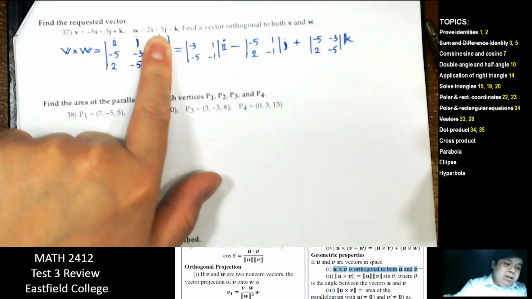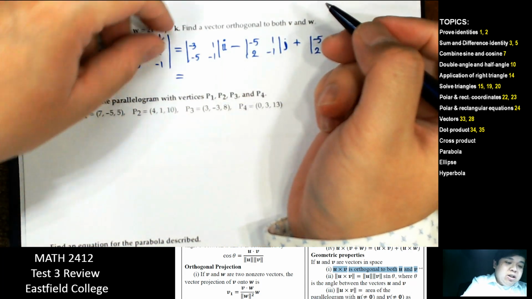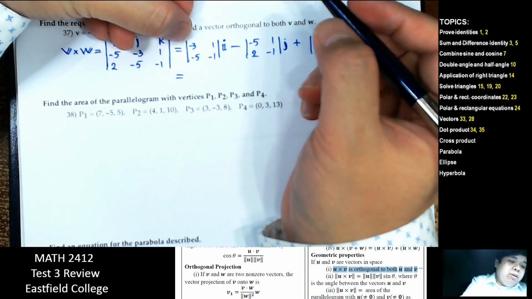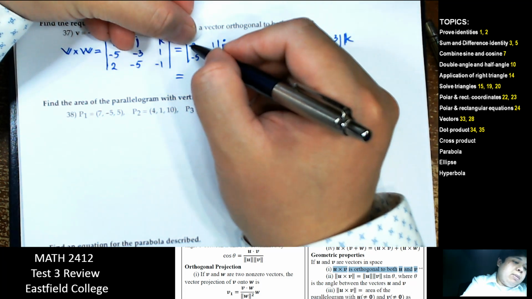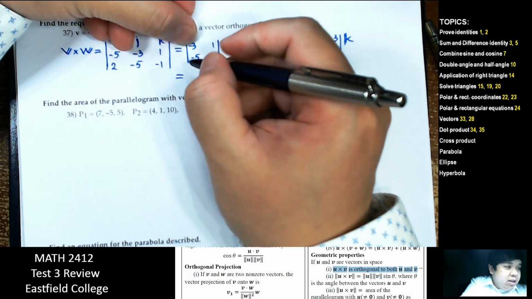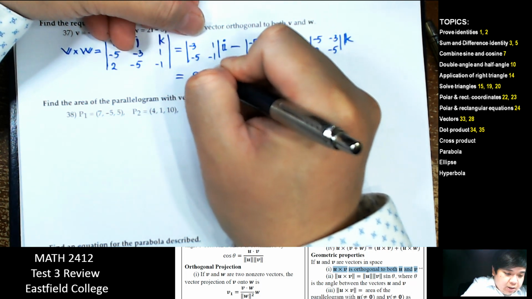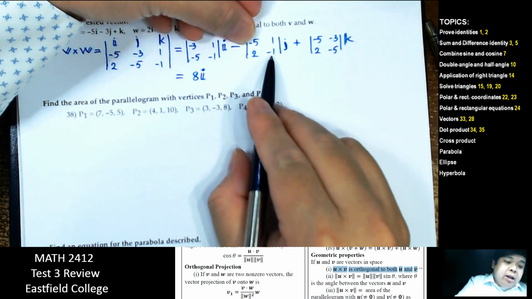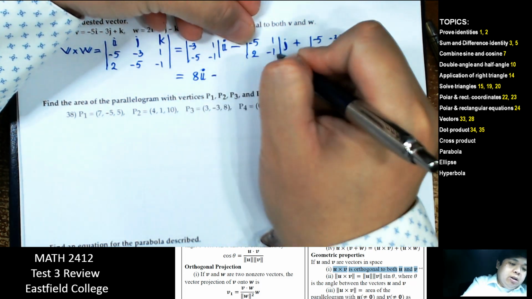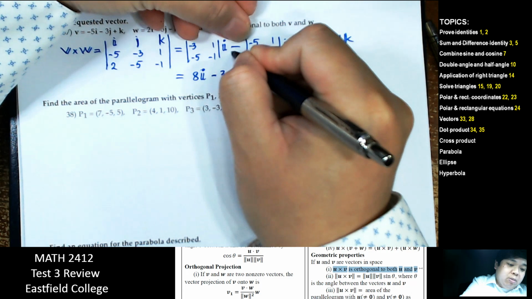Now we just need to do that. Negative 3 plus 5. I'm sorry, that is positive 3 plus 5, so that would be 8. Positive 5 minus 2 is 3, but with the minus.